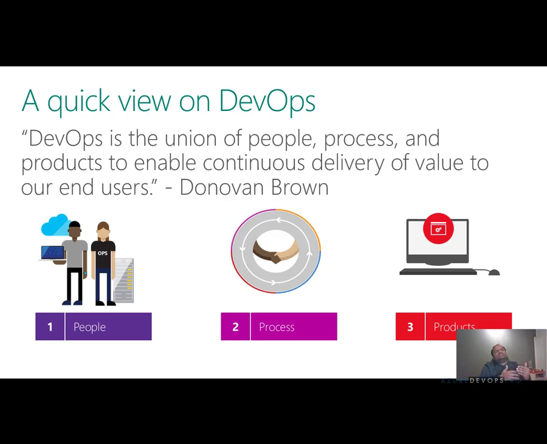So value means something that makes sense to the end user. The end user does not really worry about what you are developing in Bicep, or PowerShell, or Terraform, or .NET or Java or whatever. Ultimately, it has to bring value to the customer.